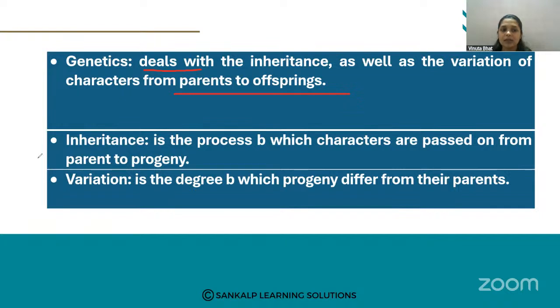So first, let's see what inheritance is. You know that some characters are transferred from parents to the next generation, right? In any organism, in humans or other animals, some characters pass from their parents, that is, they are transmitted from parents to the next generation. That is called inheritance. Inheritance is the process by which characters are passed on from parent to the progeny.